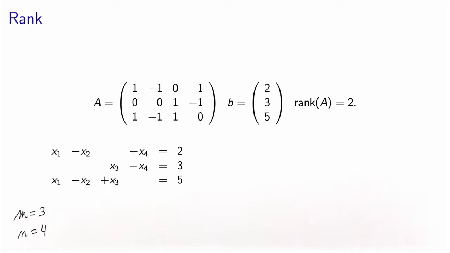The first constraint has a 1 at the first column, a minus 1 at the second column, a 0 at the third column because x3 is not involved in the constraint, and a 1 at column 4 because of x4. And then the 2 is represented in the b vector. And then we code the other constraints in the same way.